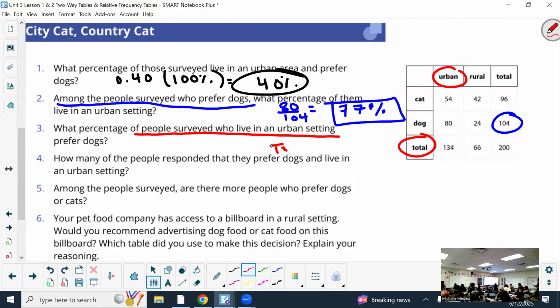Under there. So that's going to be our denominator, because we want to know of the people that live in an urban setting, of these 134 people, what's the percentage of them that prefer dogs? Okay, so out of these people, we want to know the percent that prefer dogs. So 80 divided by 134.